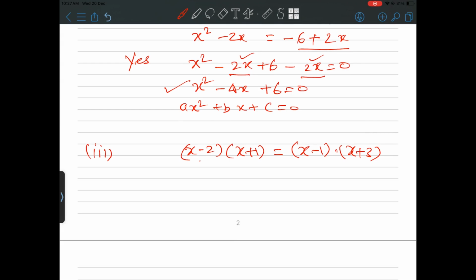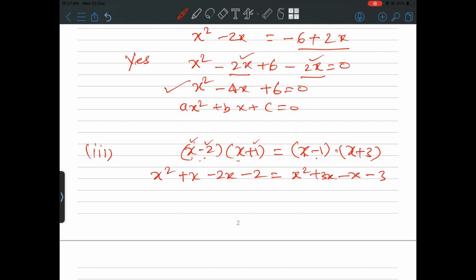So now let's multiply by x inside this. x into x becomes x square. x into 1 becomes plus x. Minus 2 into x becomes minus 2x. Minus 2 into 1 becomes minus 2. Similarly, here also do the same thing: x square, then x into 3, 3x, minus x, and minus 3, because minus 1 into 3 is minus 3.